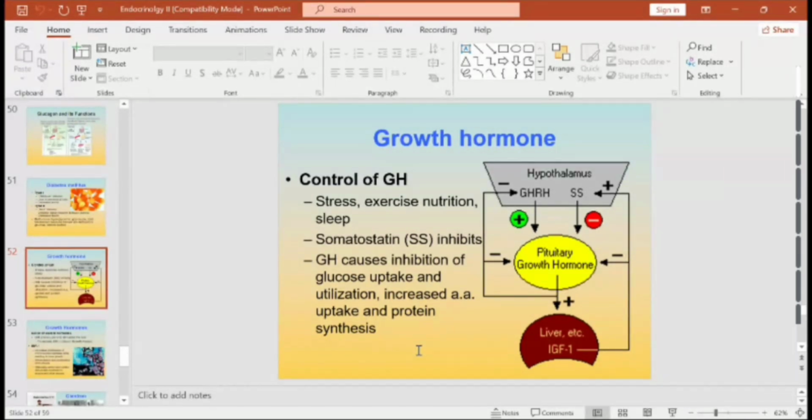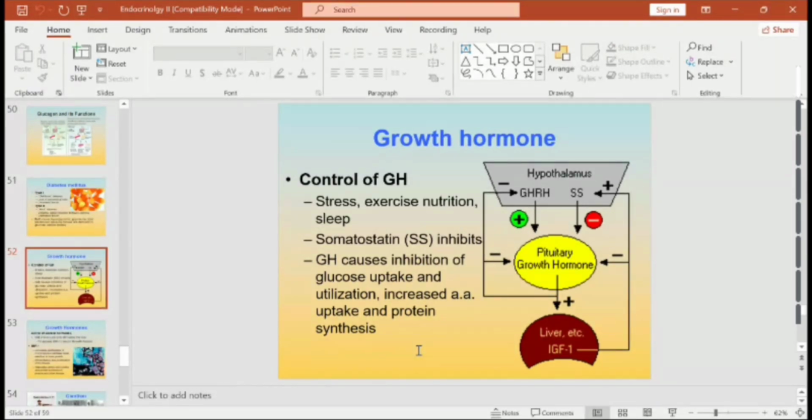One of the times that it peaks is during sleep. And you might have heard parents say that when a child sleeps, they grow. That statement is true physiologically, because during sleep the secretion of growth hormone increases significantly.